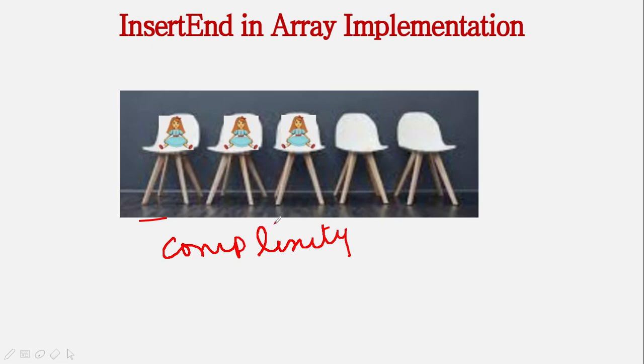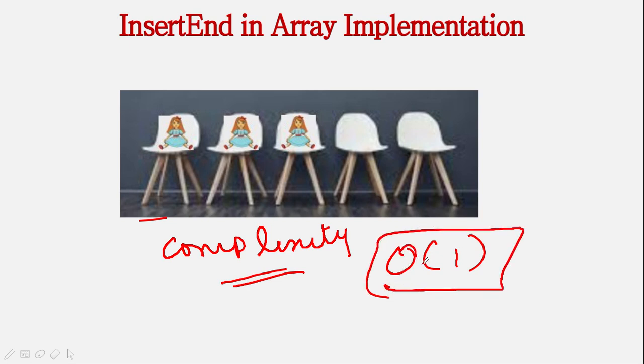The person need not wait at all. He can directly walk into the first empty position and occupy it, right? And how do we represent this in big O notation? When the algorithm does not depend on the number of elements, but takes only constant time, it is represented in big O notation as big O of 1, right? This is how we will represent.